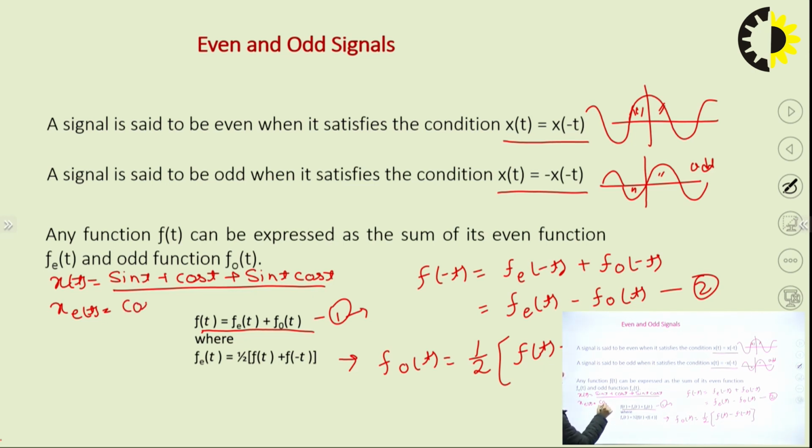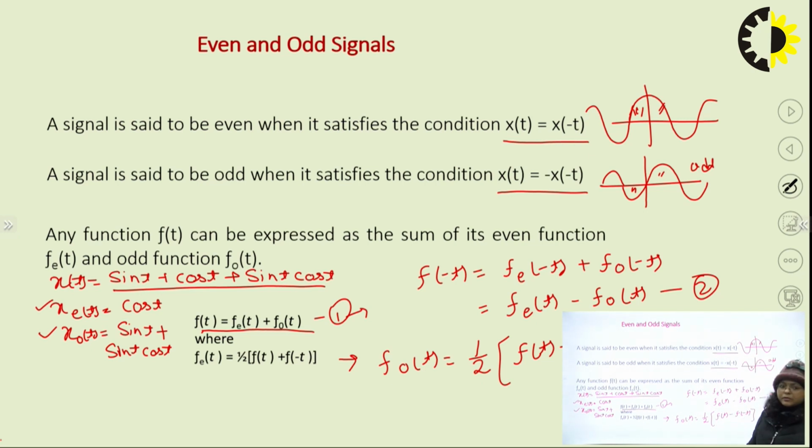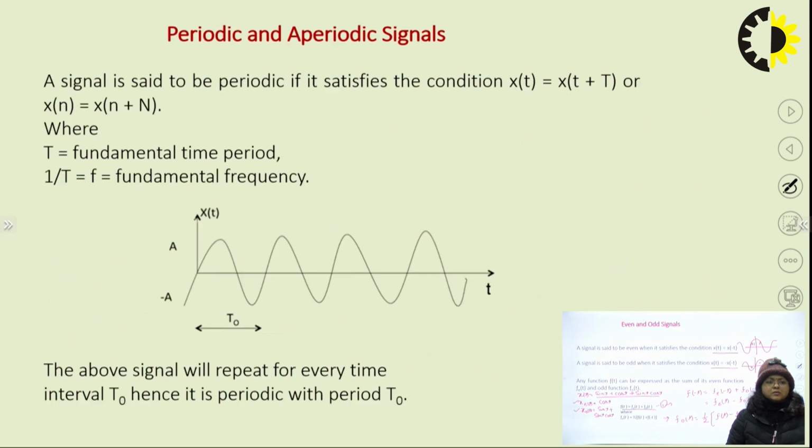For the other two parts, sin of minus t is equal to minus sin t, and odd multiplied by even gives an odd signal. Sin of minus t is minus sin t and cos of minus t is cos t, so the overall sign will be minus. So sin t plus sin t cos t is odd. So by this, we can easily classify any signal into even and odd parts.